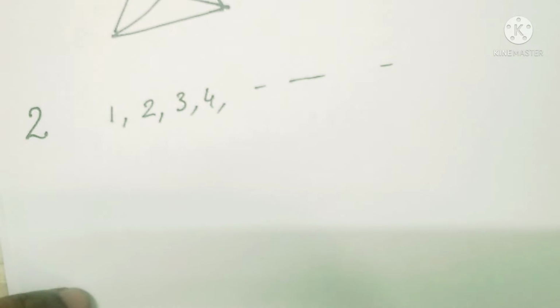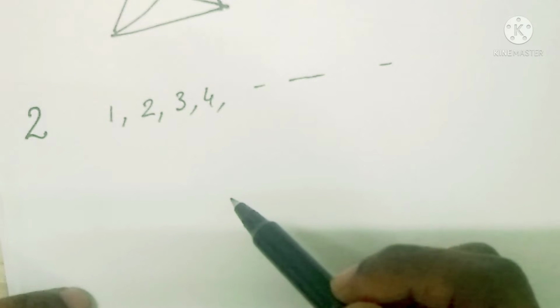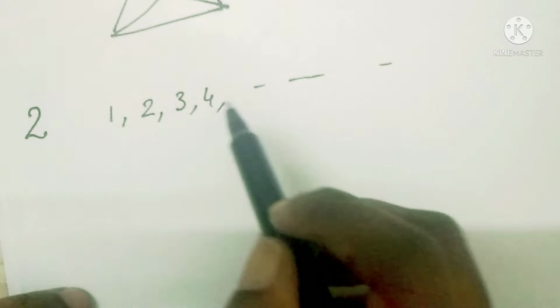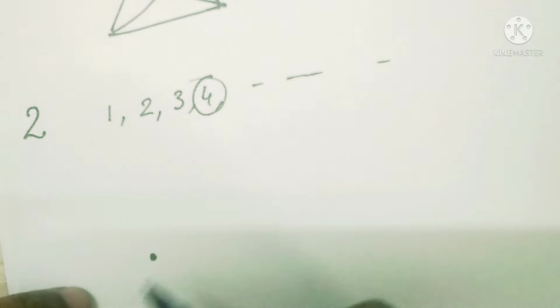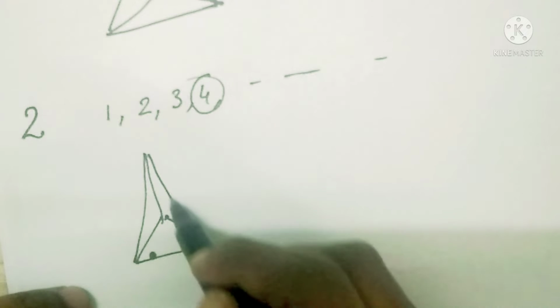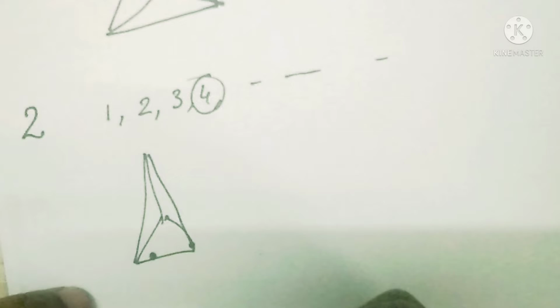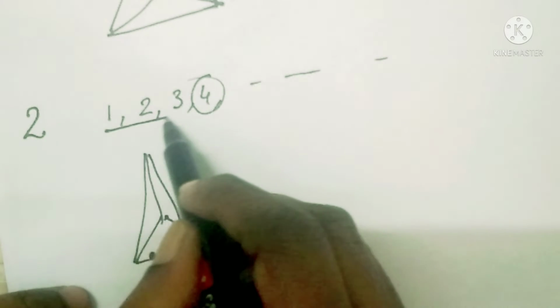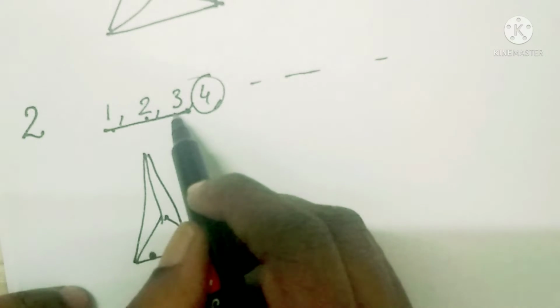But we have just checked the minimum number of faces needed: 4 faces, because the smallest polygon on the base is a triangle, and then you have 3 triangles on the side. So a total of 4 faces are needed. So you cannot have polyhedrons with 1 face, 2 faces or 3 faces.